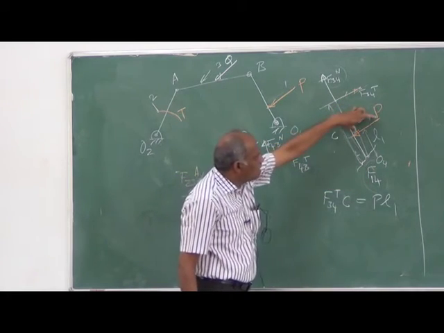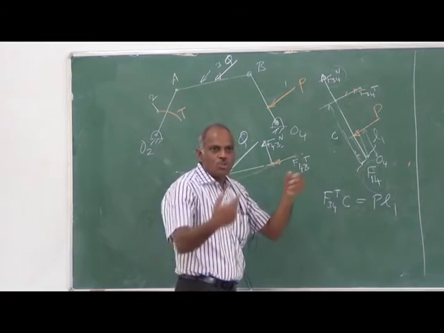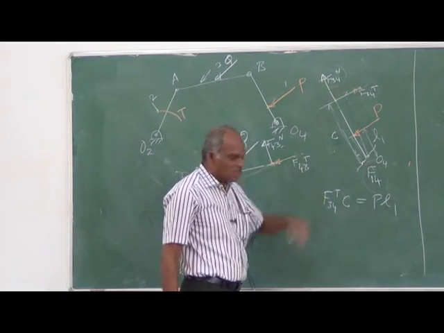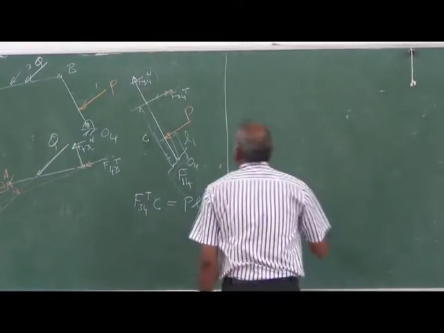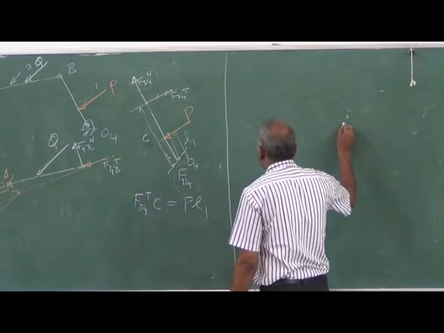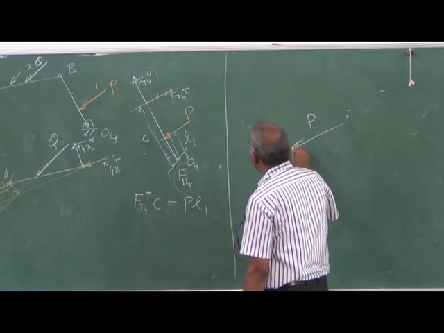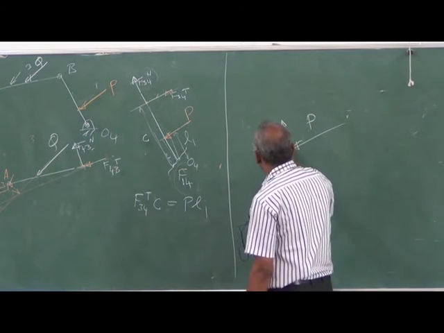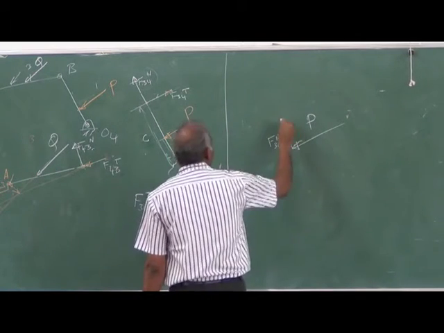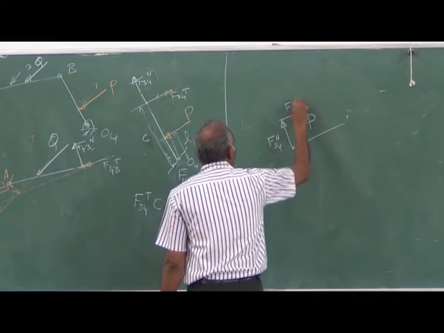So you can draw graphically P, these two components, and the closing side of this will be this F14. If I do that, there is a P like this, vector P, then you have the tangential component F34 normal component, and you have F34 tangential component.